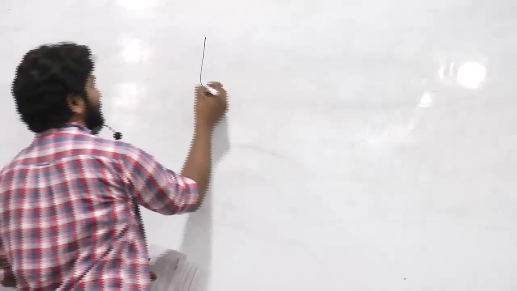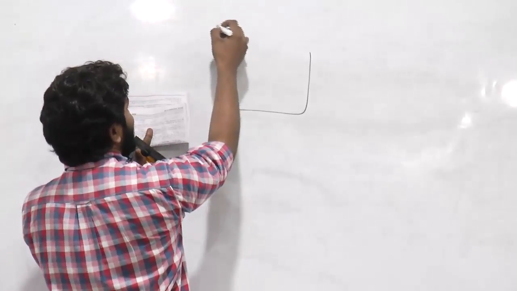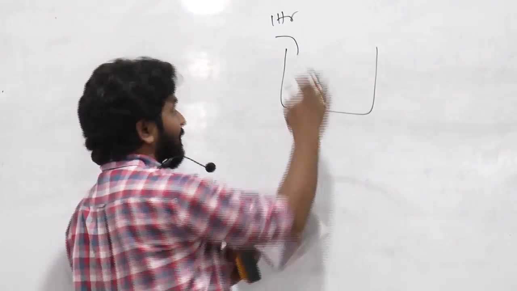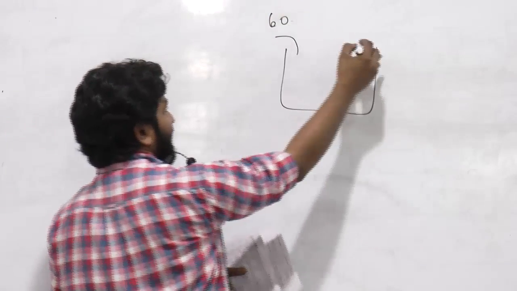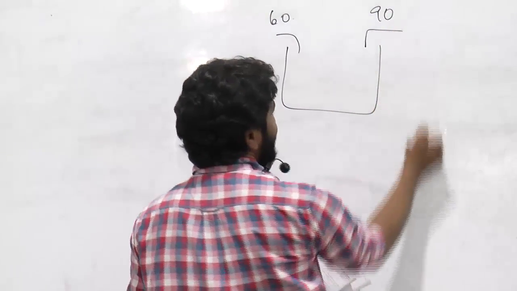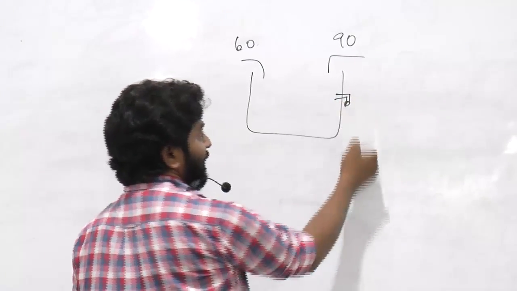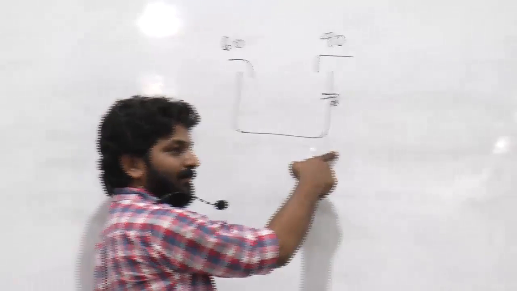Right. So we have a tank and we have 2 inlet pipes. First inlet can fill the tank in 60 minutes. Second inlet can fill the tank in 90 minutes. There is a leak here at 3/4 of the height.